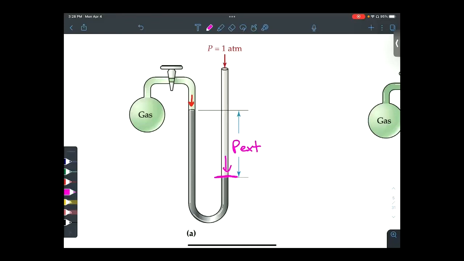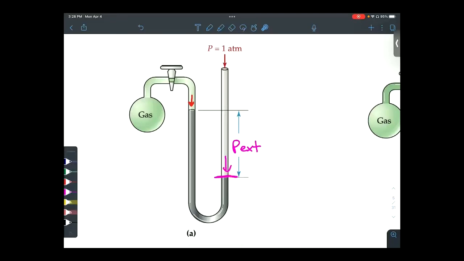If you think about it, it's like tug of war, like two people pushing down on a thing. External pressure is pushing down, the gas is pushing down, but which one is winning? The external pressure.